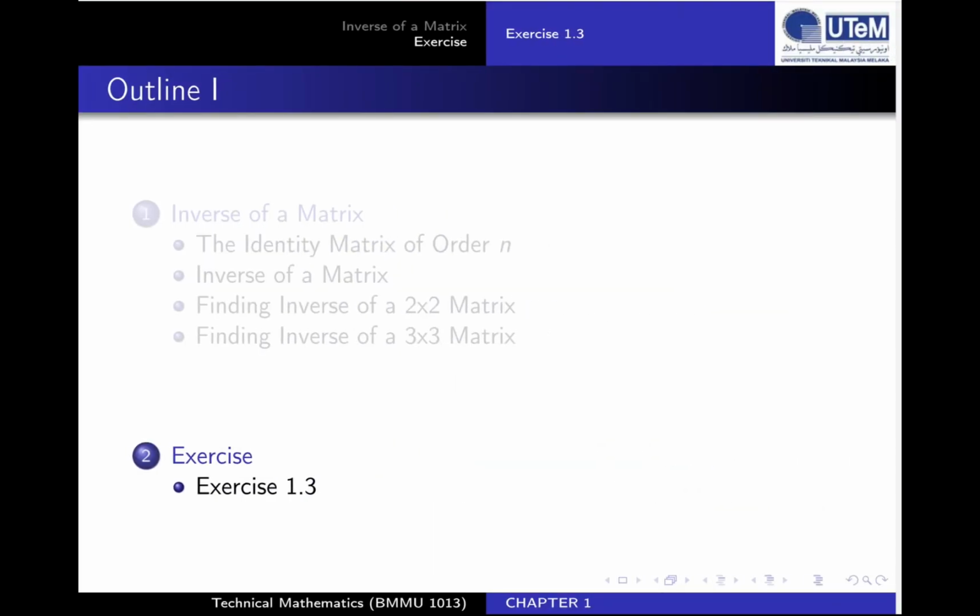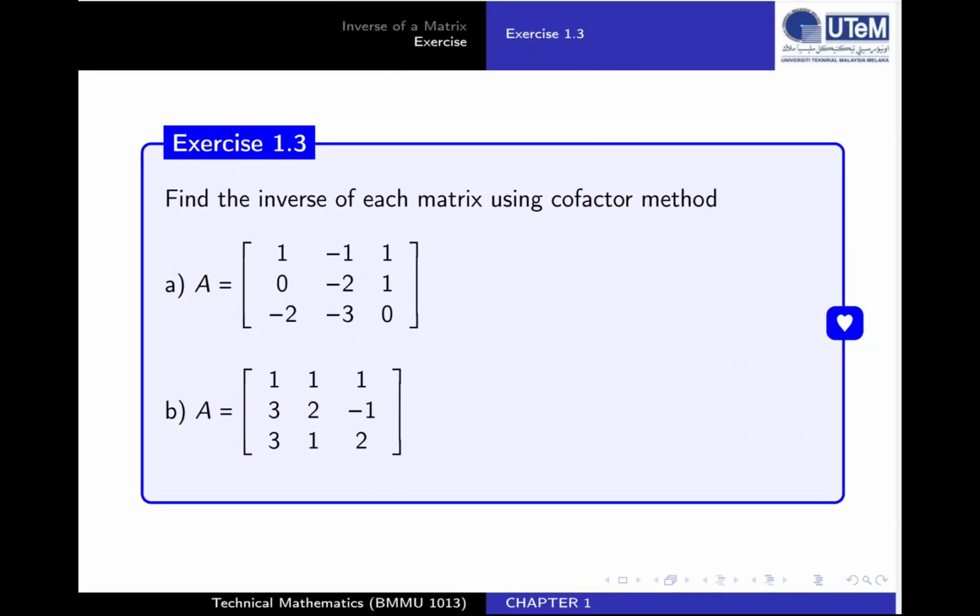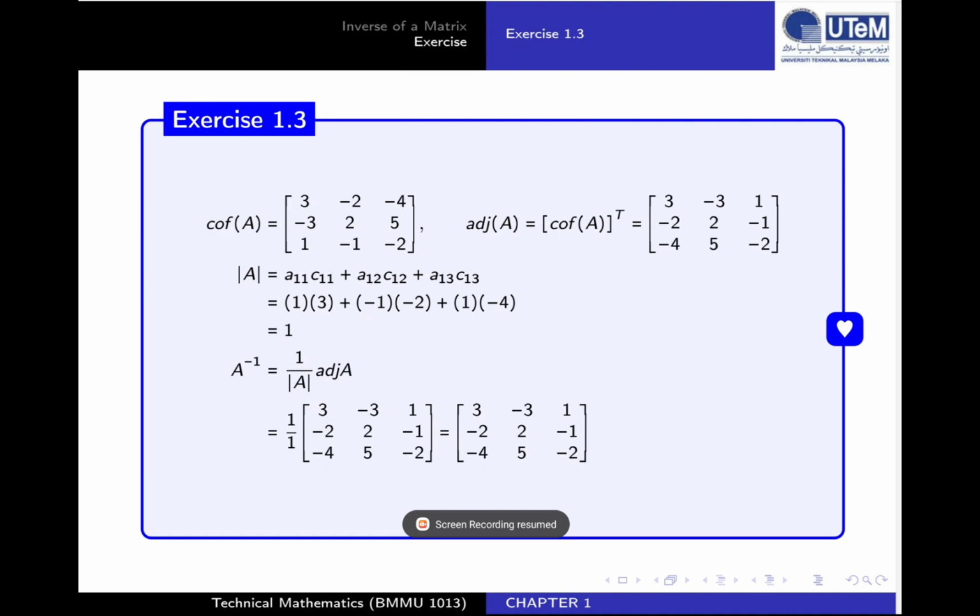So now you can try exercise 1.3 in your module. For exercise 1.3a, after you find the cofactor, you can get 3, -2, -4, -3, 2, 5, 1, -1, -2.